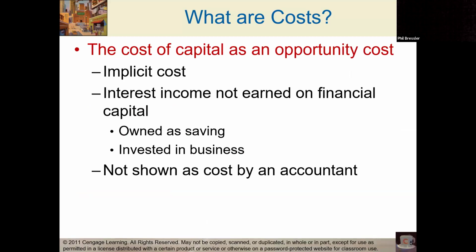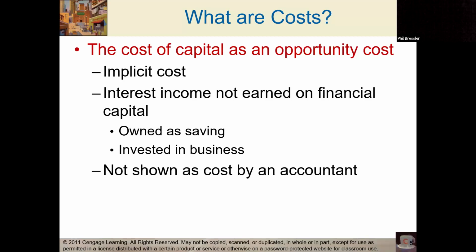So here's what this is saying. If I had a $20,000 savings bond and I was earning $1,000 a month on it, and then I had to sell my bond to open a business, the 20,000 that I used to open the business is not a cost.